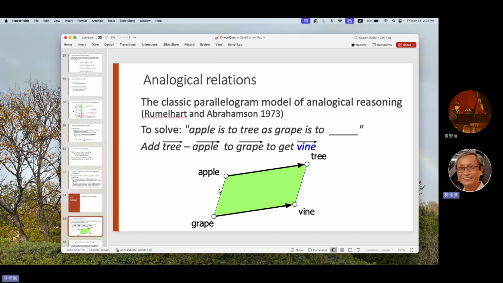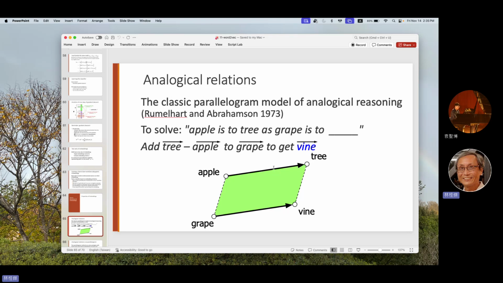So for example, suppose that after you have done word2vec, you'll find that if the apple is here and the grape is here, it doesn't really matter how far away they are from each other, but you take the vector from apple to reach the tree.